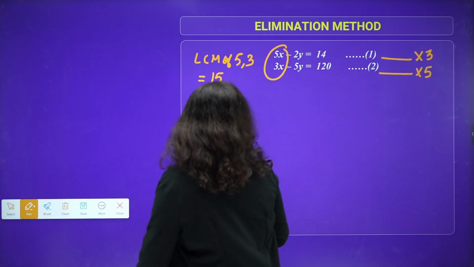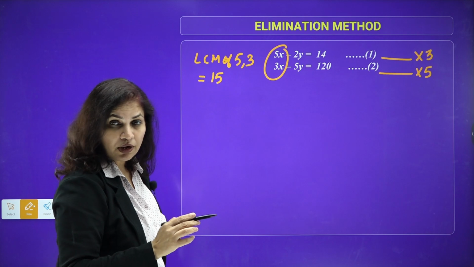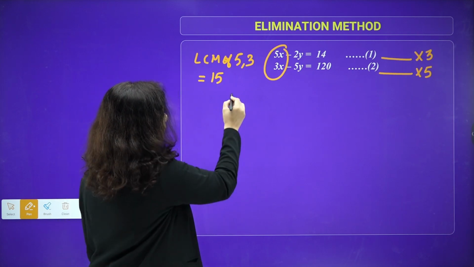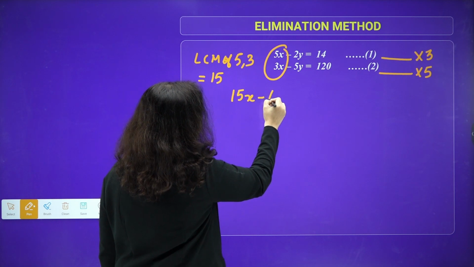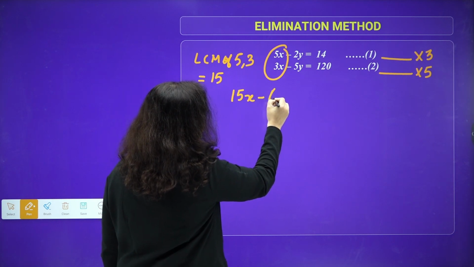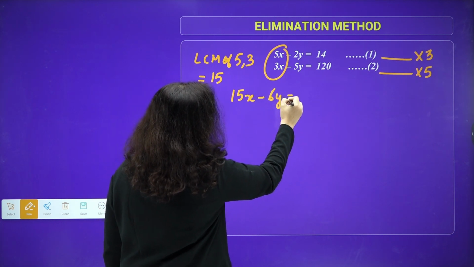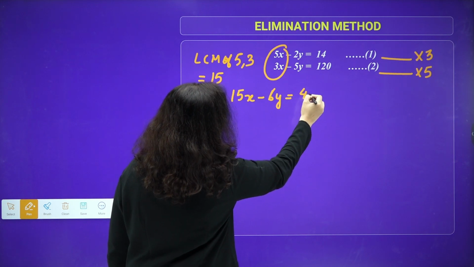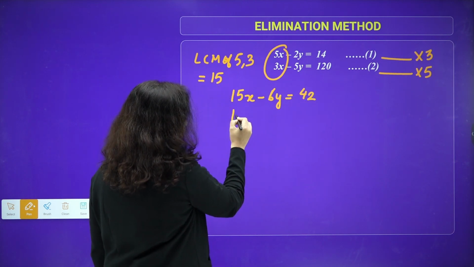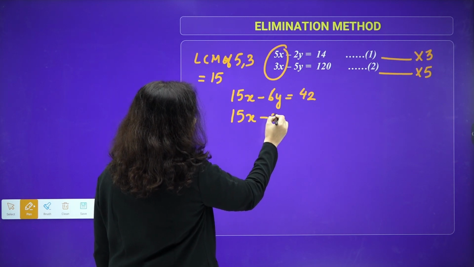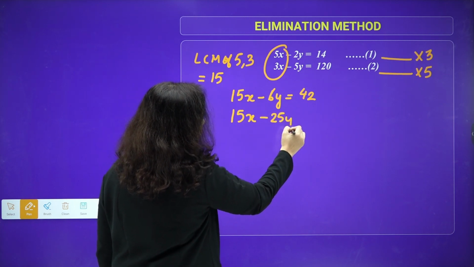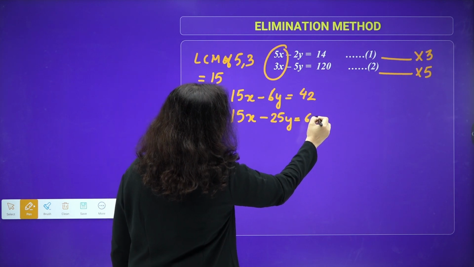So multiplying the first equation by 3 throughout, I'll get 15x minus 6y is equal to 42, and the second equation is 15x minus 25y is equal to 600.